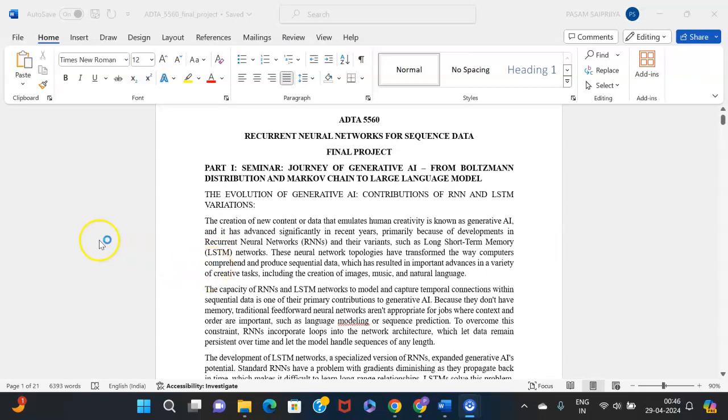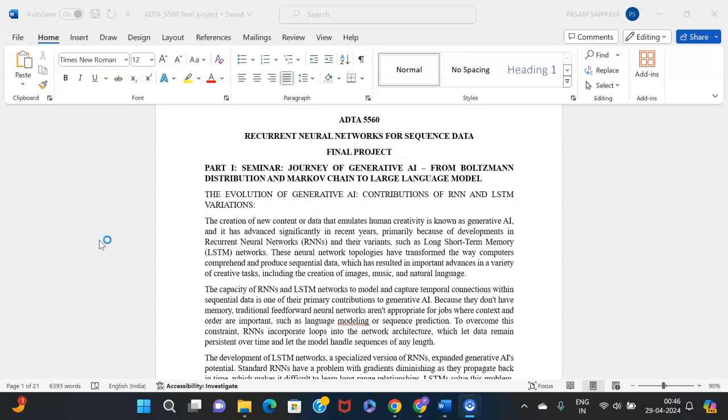The evolution of generative AI, contributions of RNN and LSTM variations. The creation of new content or data that emulates human creativity is known as generative AI, and it has advanced significantly in recent years, primarily because of development in recurrent neural networks and their variants, such as long short term memory networks.